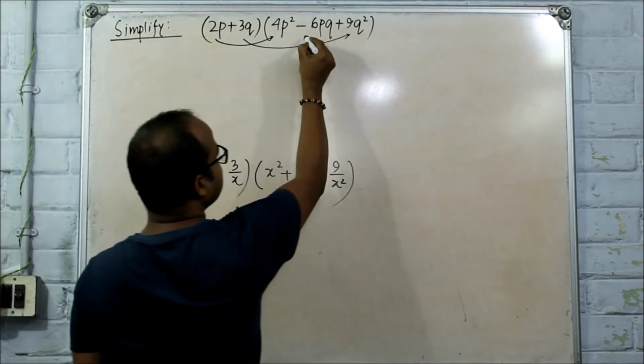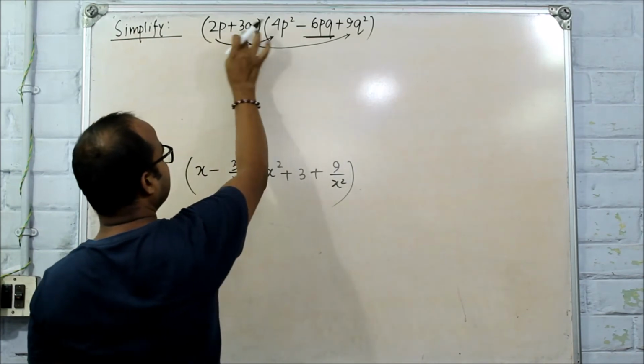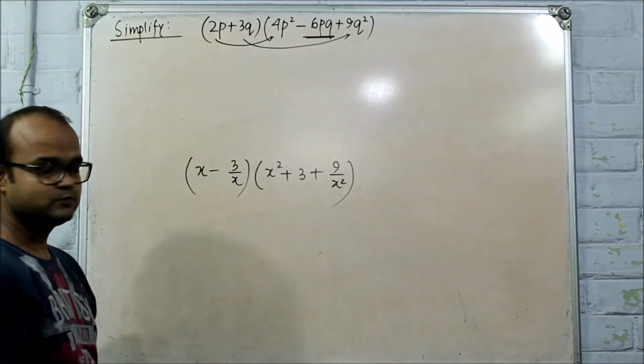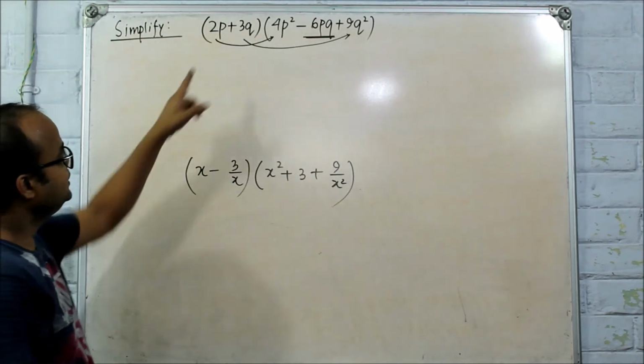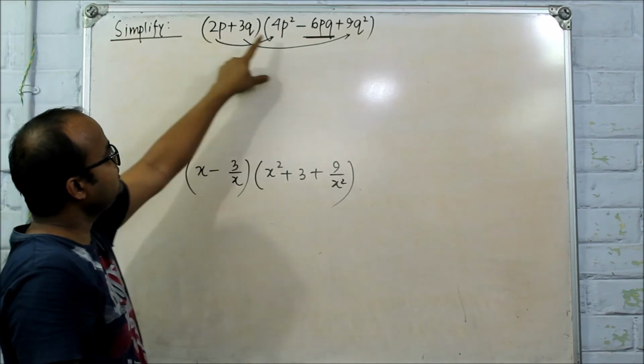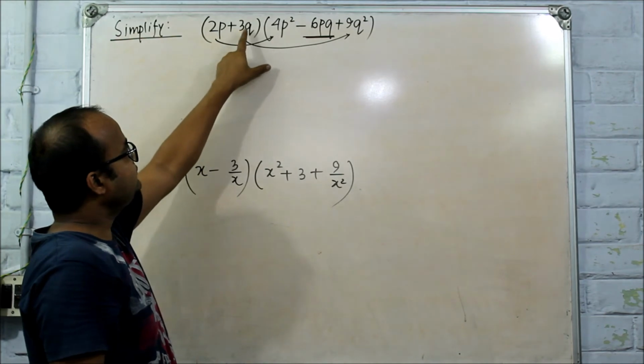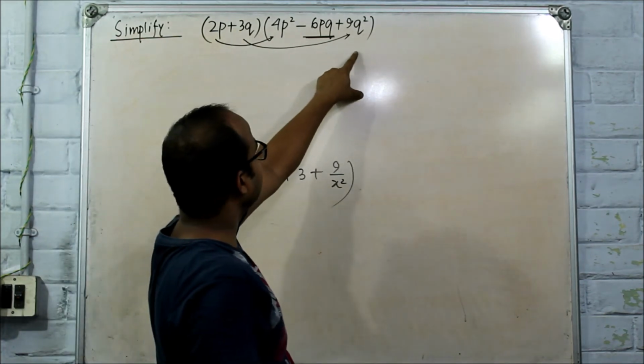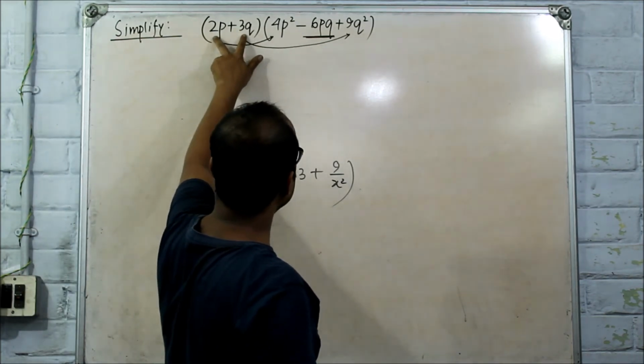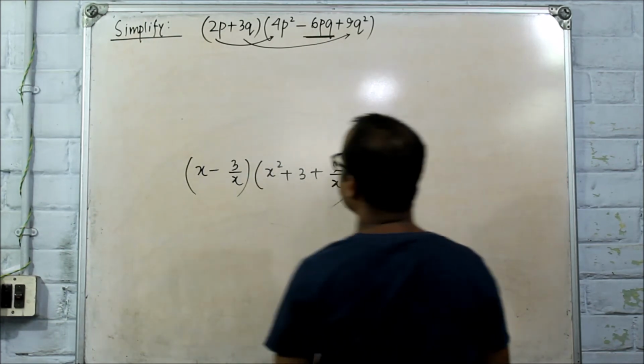And this term is a product of these two. What is the 2p square? That is equal to 4p square. Square of 3q is 9q square, and product of 2p into 3q is equal to 6pq.